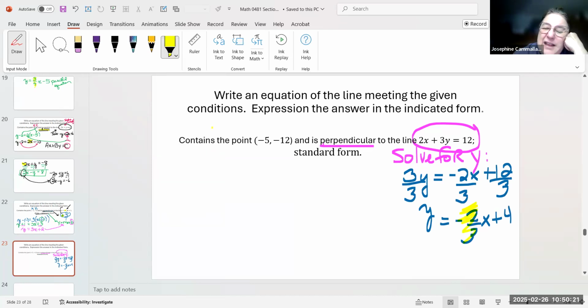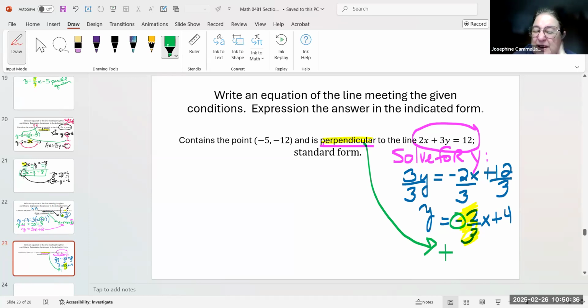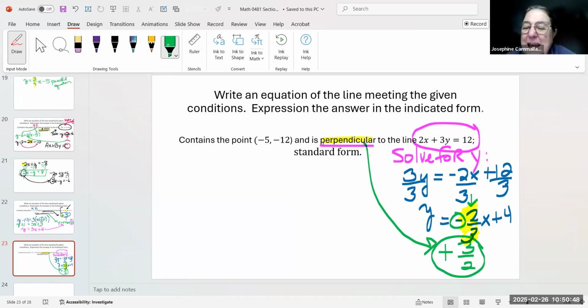Okay, this is my slope, but I want a perpendicular slope. Well, this sign has got to change, but the fraction has to flip. So my perpendicular slope is a positive 3/2. This is x1, y1.